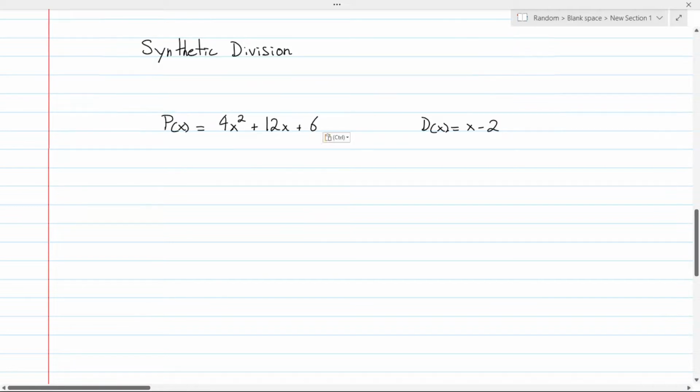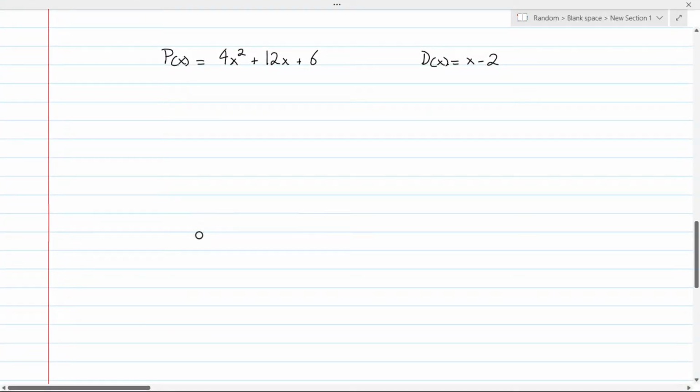We wanted to divide this polynomial with this divisor, and we had set it up like this. With synthetic division instead, we're going to set it up like this.